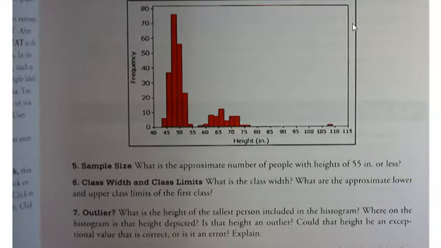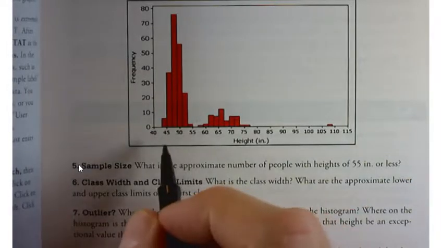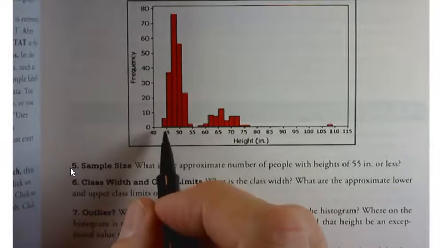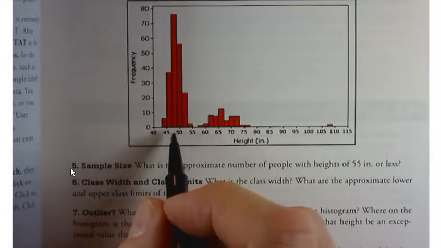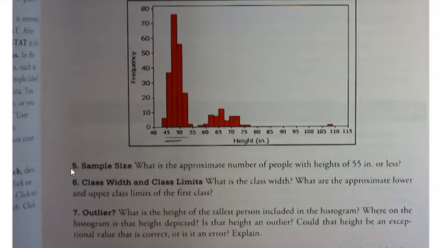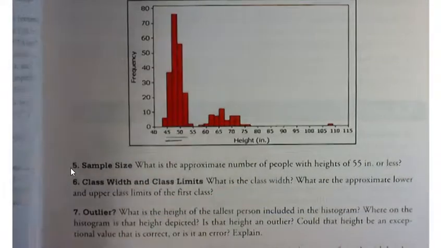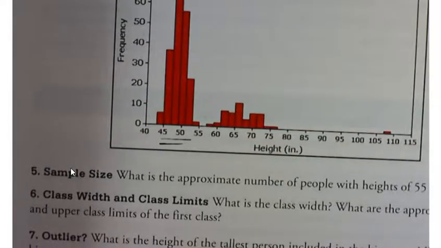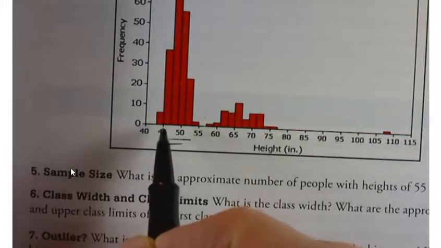Problem number 6 asks us to figure out, well, what's the class width here? It's kind of tough to see looking at this, but the class width looks like it goes from 45 to something here, and then up to 50. Let's zoom in a little bit more if we can. How many intervals are there between 45 and 50?